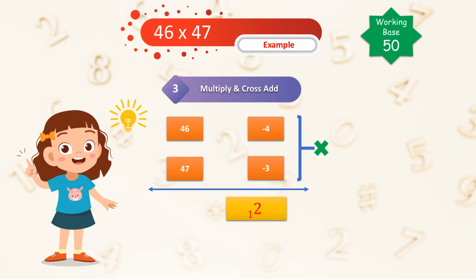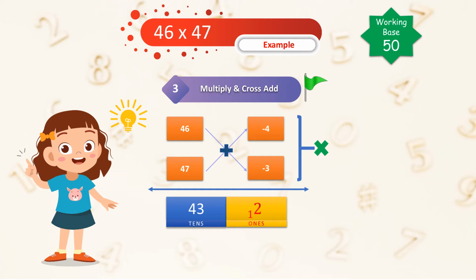The second part is to cross add 46 and minus 3, or 47 and minus 4. In either of these cases, you get 43. The 43 denotes the number of tens in our answer and 12 denotes the number of ones in our answer. So that completes our step 3.